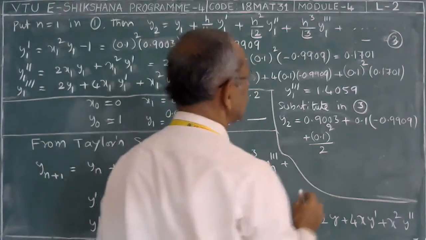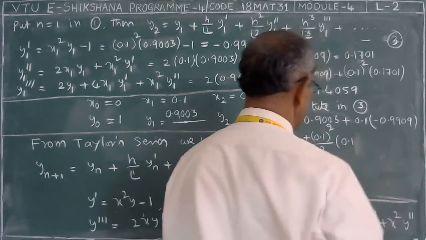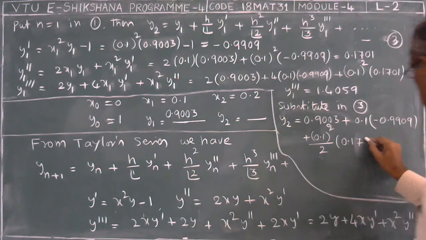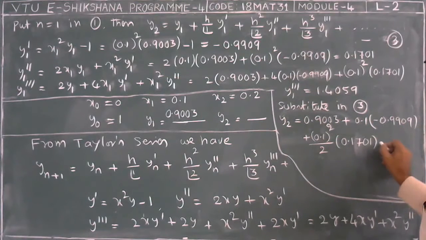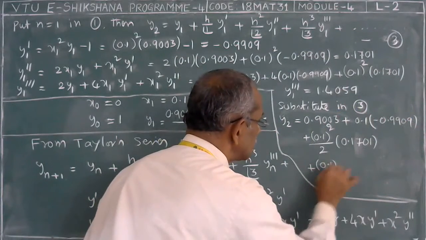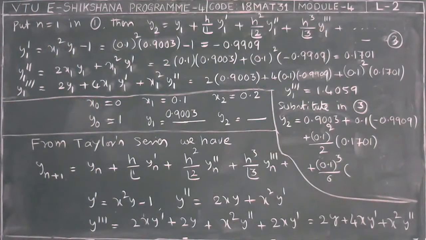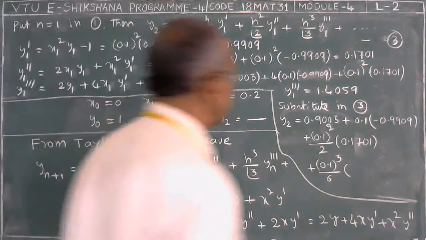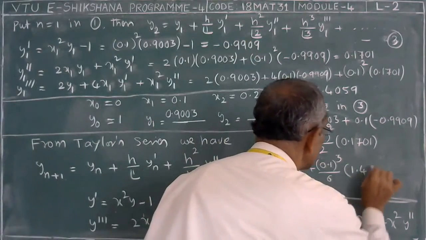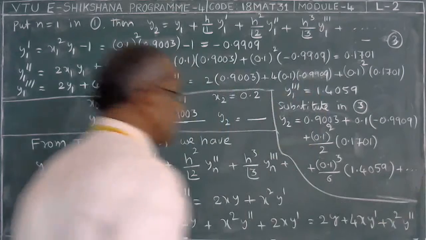Y1 double dash is 0.1701. Close the bracket. Plus 0.1 whole cube divided by 6 into y1 triple dash. Y1 triple dash is 1.4059. Okay. That's it.